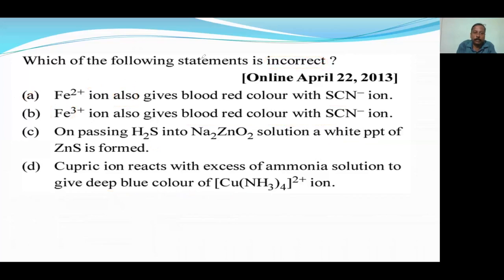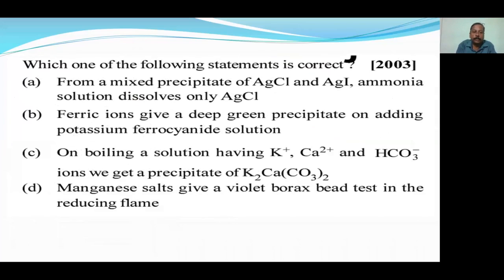Now let's see the next question. Which one of the following statements is correct? Here the question is about the correct one. The previous question was about the incorrect one, but this question is about the correct one. From a mixed precipitate of AgCl and AgI, ammonia solution dissolves only AgCl.